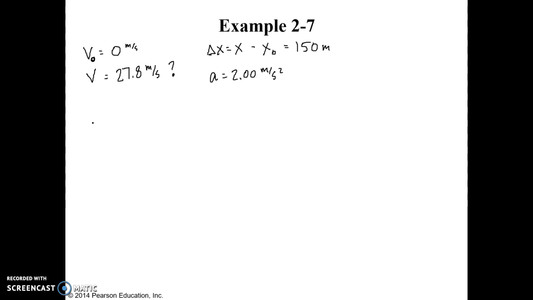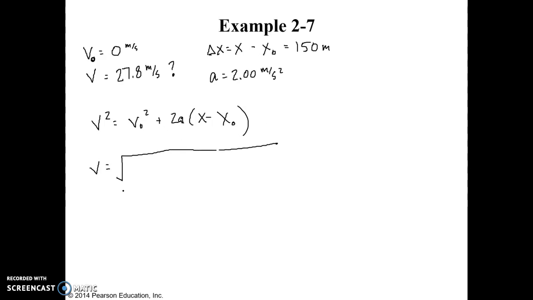So we write out the equation. The final velocity squared is equal to the initial velocity squared plus 2a times x minus x naught. So the velocity is going to be equal to the square root of everything on the right side.